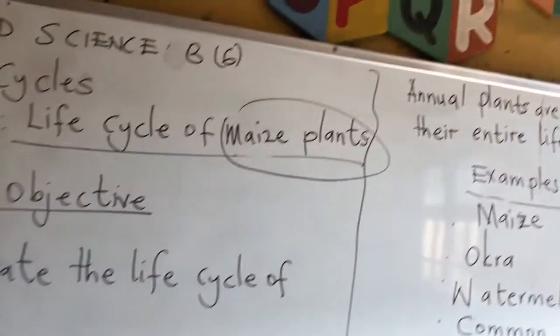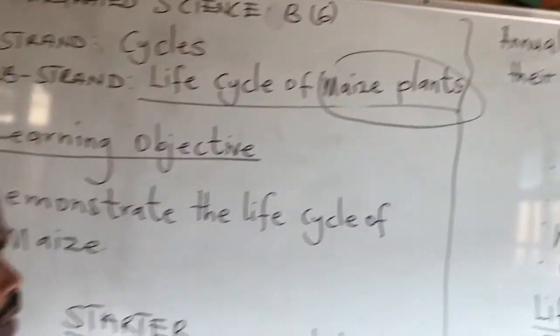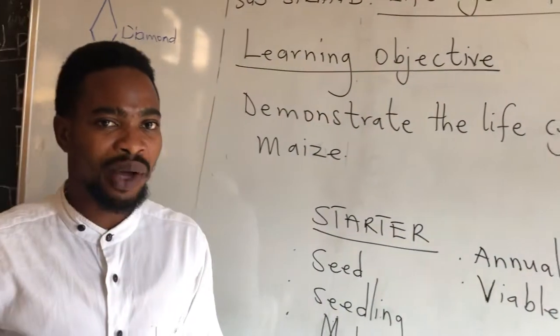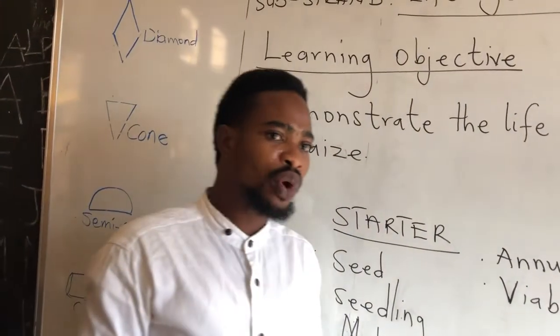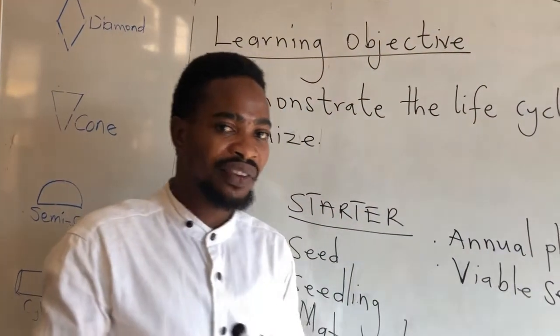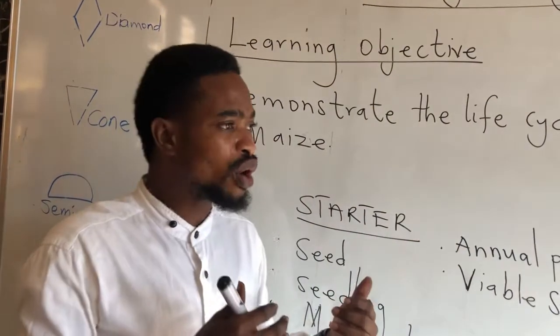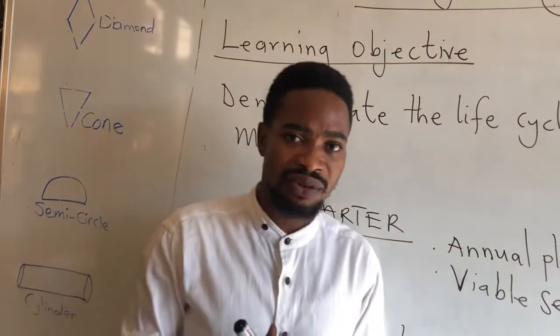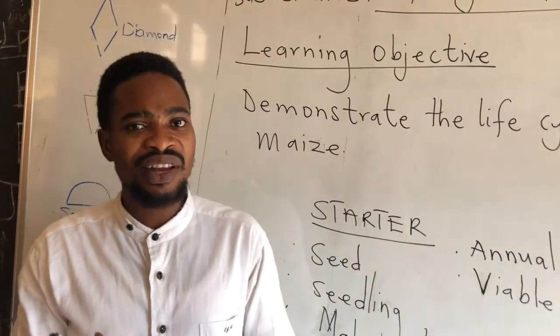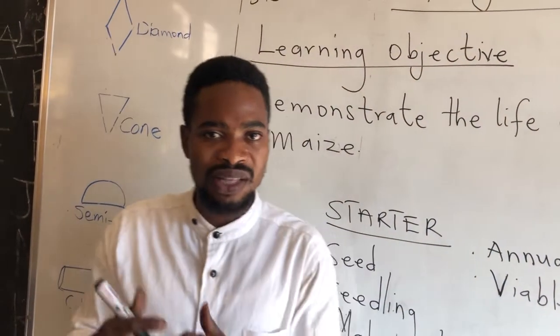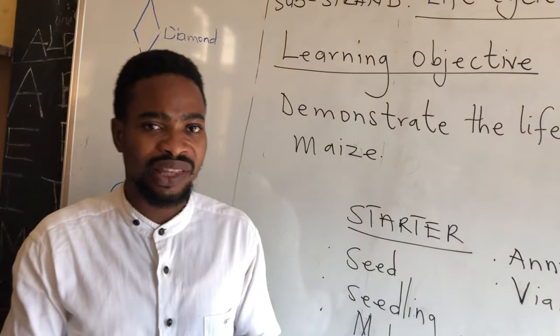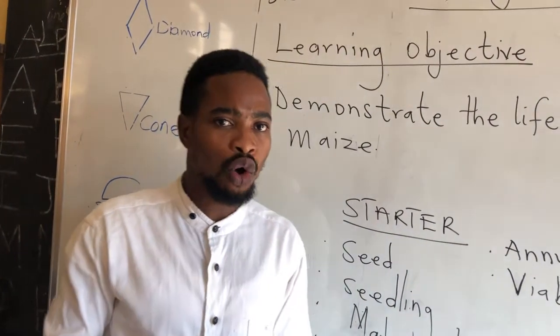In our previous lesson, we learned about okra plants, and we talked about the various stages of their life cycle. And I said that as far as all living things are concerned, every living thing needs to grow from one stage to another. So it is with plants also.